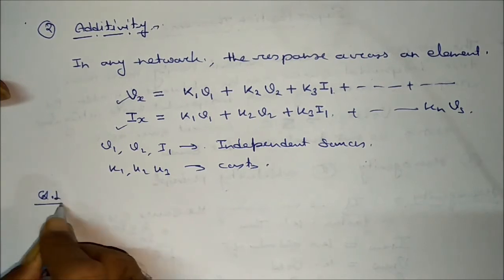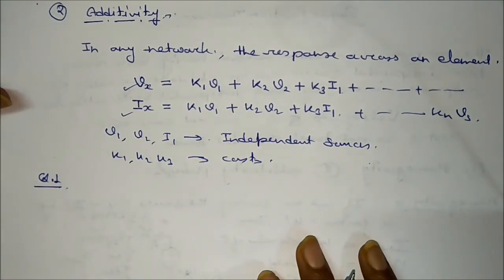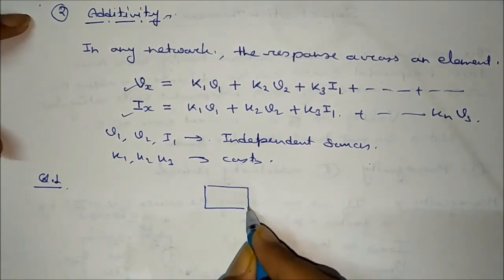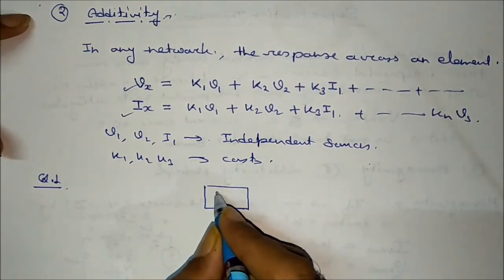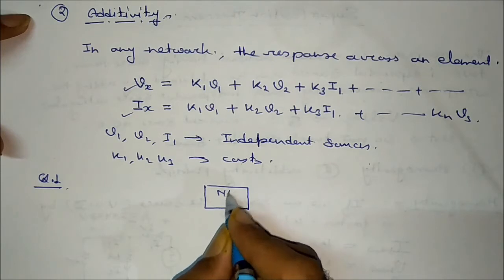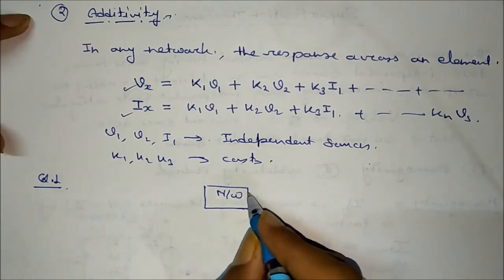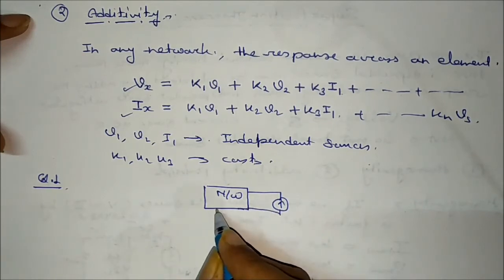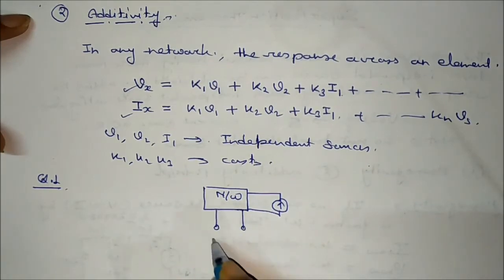See how I am going to apply all these things. First thing, it is given that there is a linear network. It's a resistive network. There is a current source. This is Vx. It has been given to you.